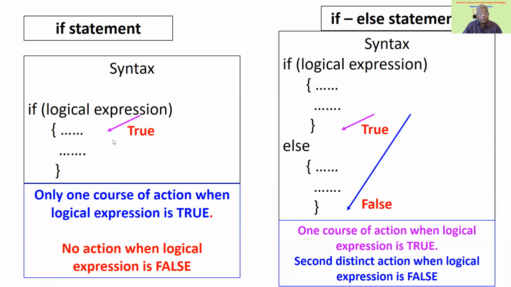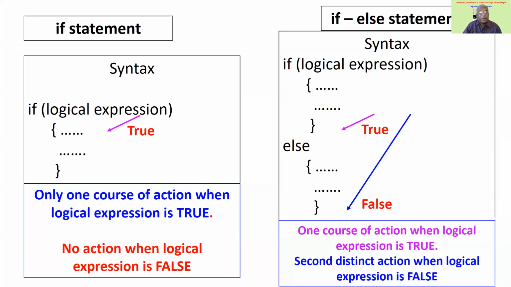In the if statement, there is only one course of action under the true case; forget about false. Here you can't forget the false, because you have a distinct course of action under the false case. So one course of action when the logical expression is true, and a second, distinct action when it is false. That is the difference between the if and if else statements.